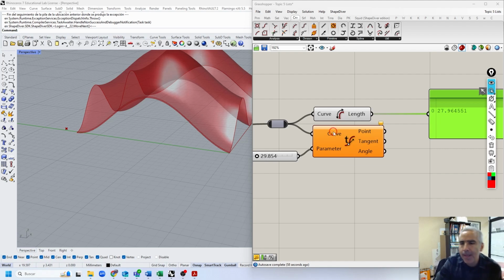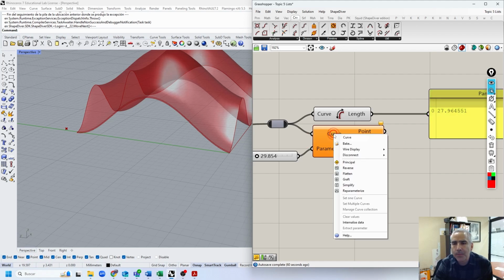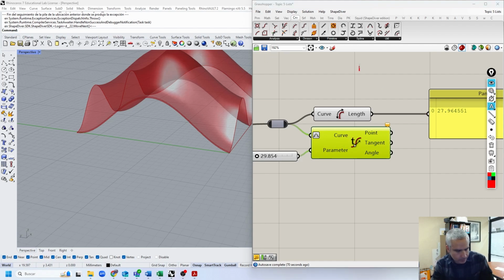And you've probably seen that if you right-click here on the curve input and activate the reparameterize option, you will basically assign a new domain to the curve. And it's important to note that this happens without changing its geometry.